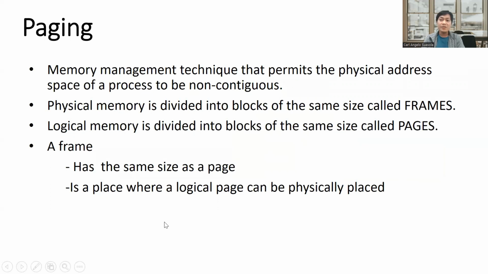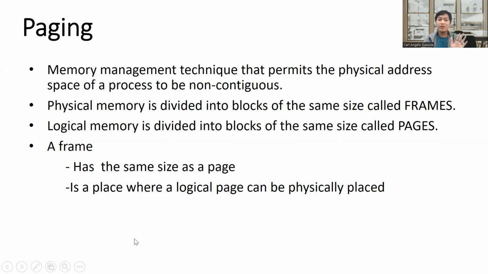Paging is a memory management technique that permits the physical address space of a process to be non-contiguous. Physical memory is divided into blocks of the same size called frames. If it is 1 KB, then everything allocated is 1 KB. Logical memory is divided into blocks of the same size called pages.